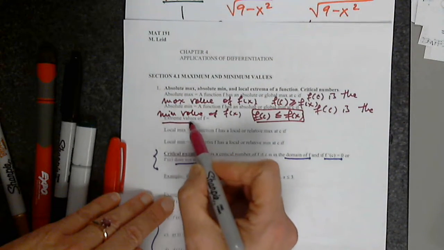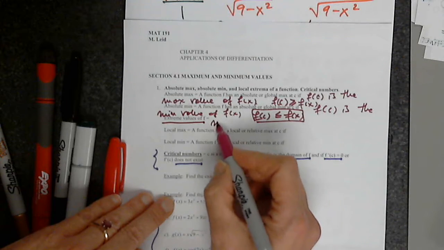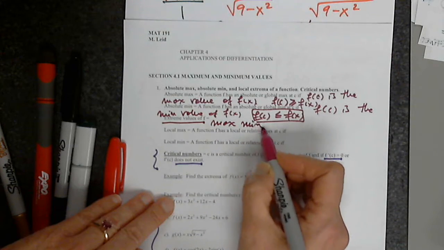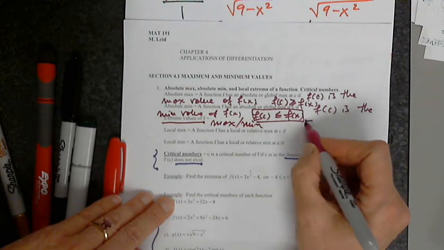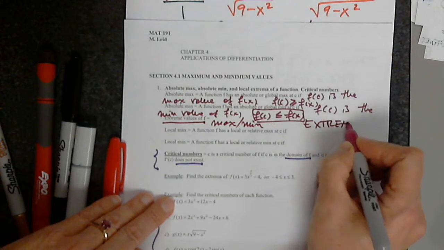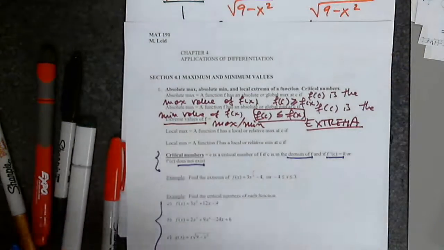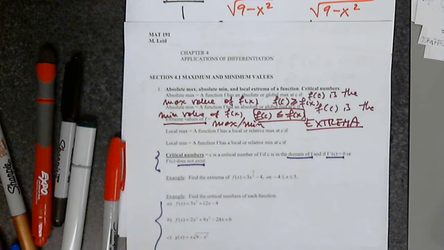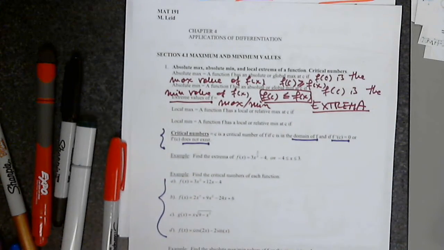By extreme values of f, we mean max and min, also called extrema. So if you see in a problem, test, quiz, or final exam, find the extrema of this function, you are asked to study the function and find all possible max and min, local, relative, absolute, global. That's what the extrema means.